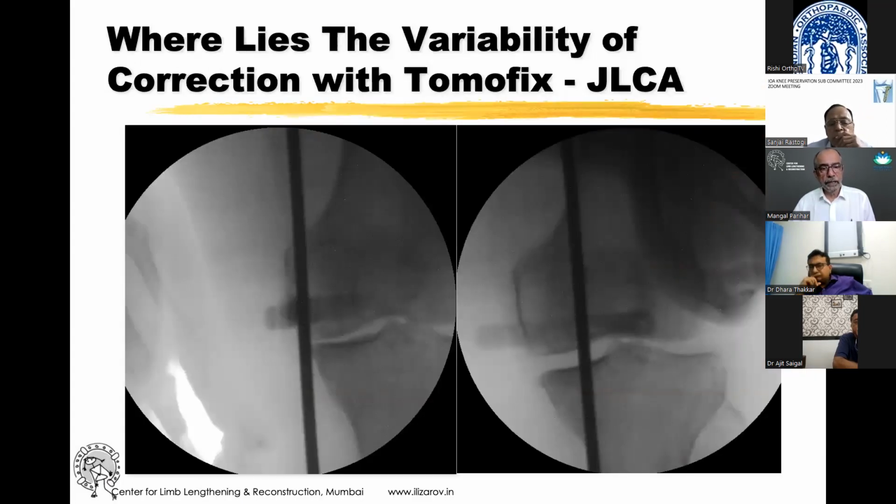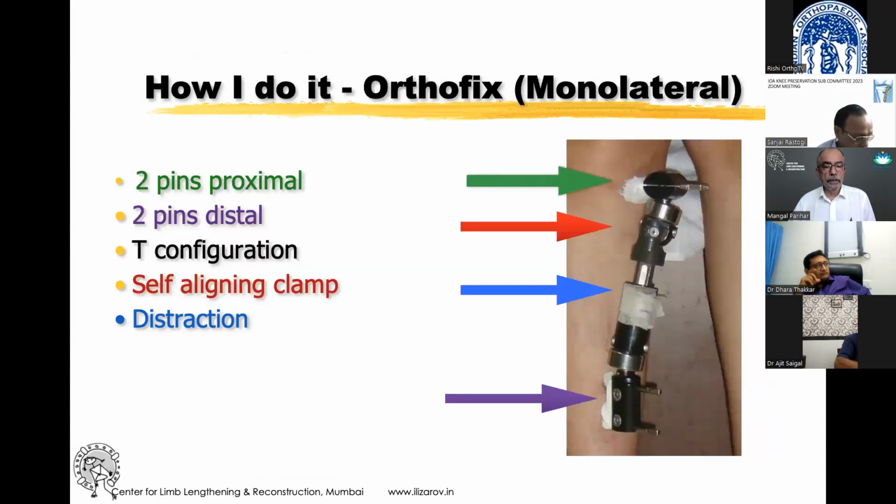So this is the variability in correction with the Tomofix, especially when you have a large JLC. This is a picture of the alignment with a little bit of varus stress. And on the right, you see the picture with a little bit of valgus stress. You can see how much the alignment changes just by soft tissue change. I've not done any osteotomy as yet.